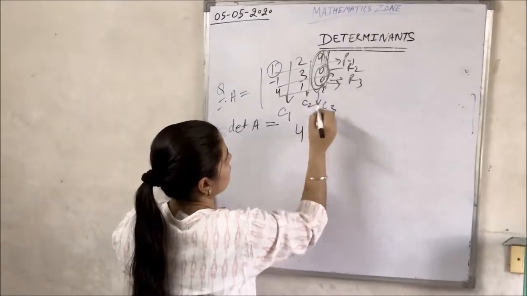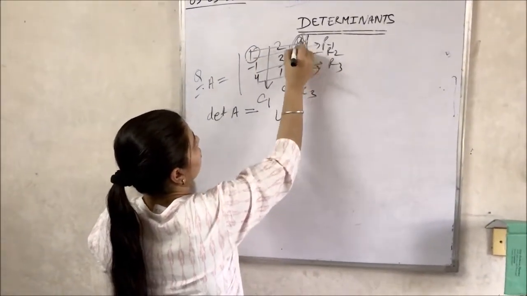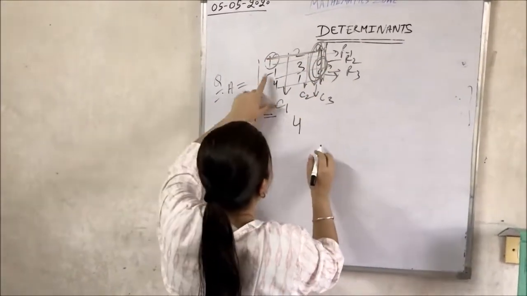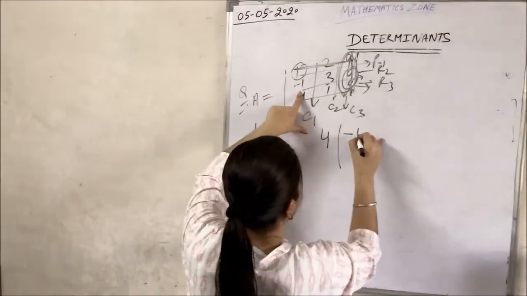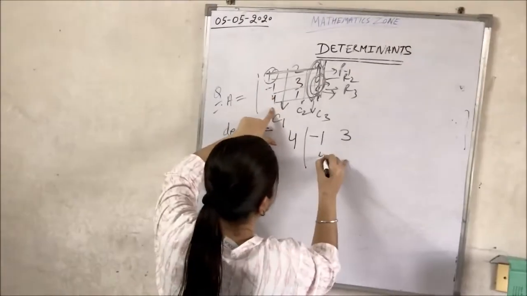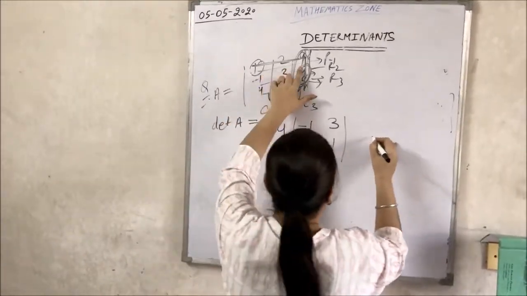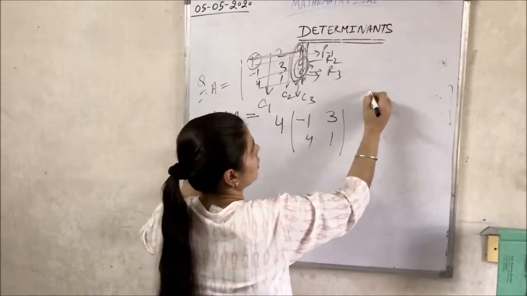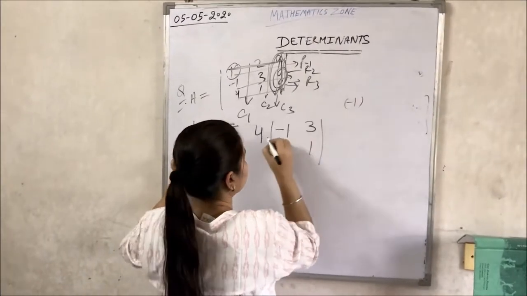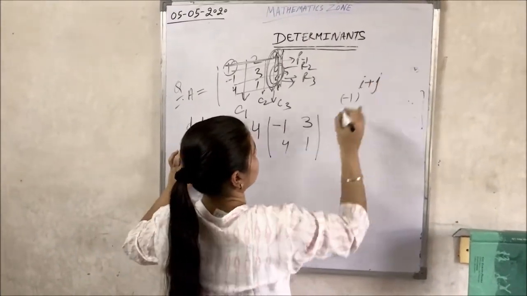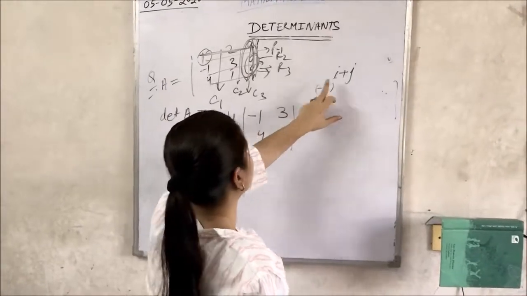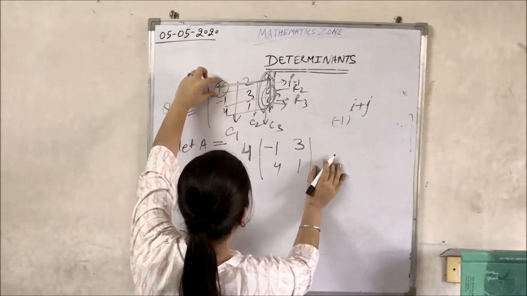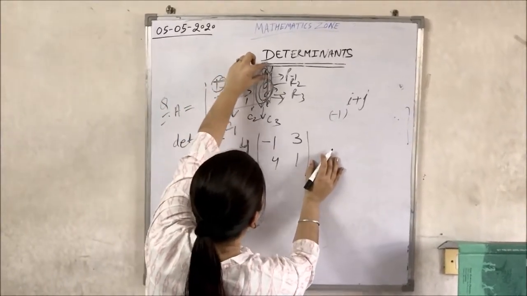To solve it, we have to leave the first row and third column and multiply by the determinant of the remaining matrix. We have to solve this with (-1) to the power i plus j. Here the first one is positive, second is negative, third is positive.